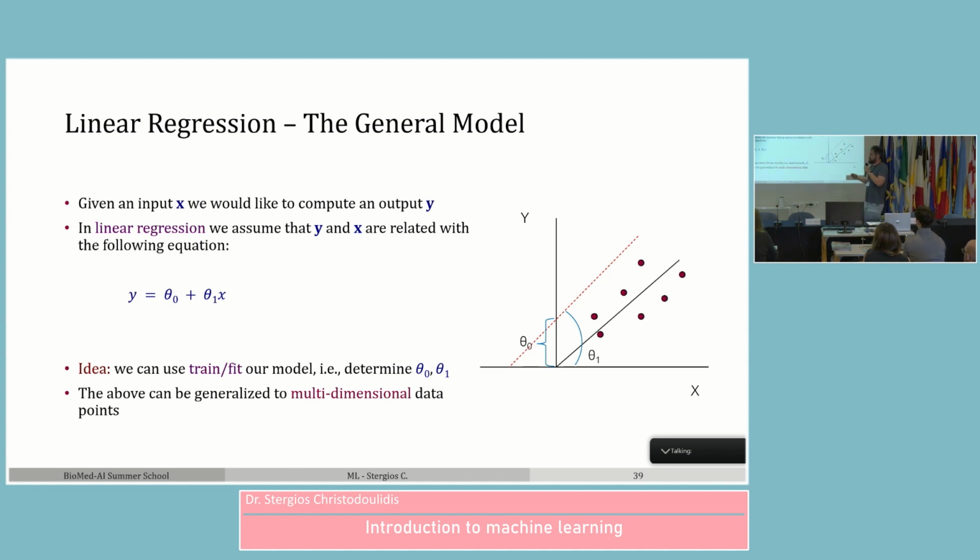The idea with linear regression is that we want to learn these parameters, theta 0 and theta 1, which make this mapping possible. For example, I'm just showing here the case where the x dimension has only a single value, which means that the points will lie somewhere on this space. And we want to transform this axis into this. So this is a very, very simple equation.